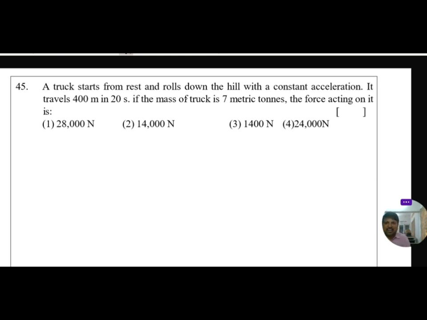A truck starts from rest. Starts from rest means u equal to 0, and rolls down the hill with a constant acceleration. It travels 400 meter in 20 seconds. If the mass of the truck is 7 metric ton, the force acting on it is. So according to Newton's second law of motion, F net is equal to mass into net acceleration.